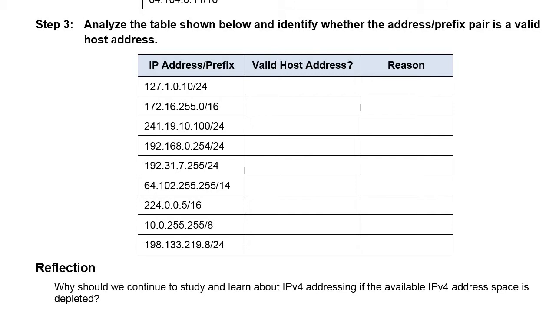So despite the fact that it's depleted, there's still room. Isn't that crazy? IPv6 is coming. It is actually here, and it's here to stay. It's just taken a long time for it to get going.